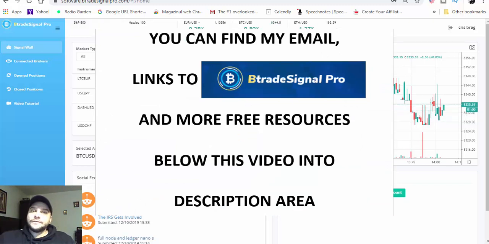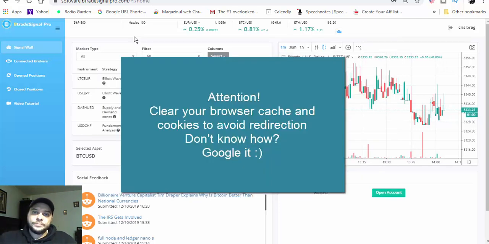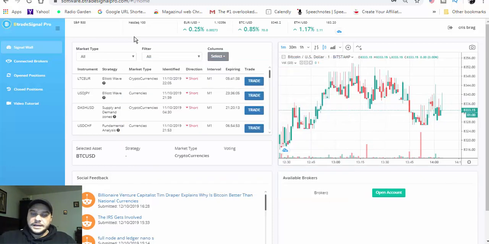Don't forget, when you join, clear your browser cache and browser cookies. In this way you will avoid being redirected to other scam websites, because as I told you in other videos, when such a trading software appears on the market, in 1 to 2, 3, 4 days a scam website will be out there.